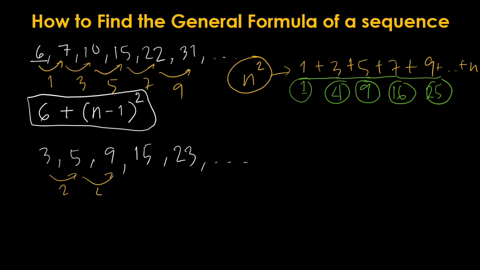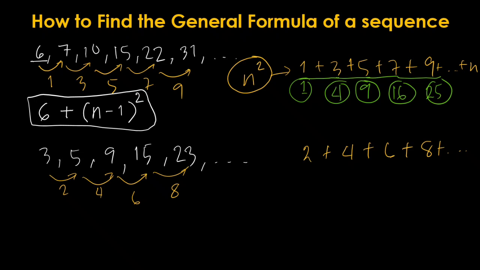We add 4, we add 6, we add 8. So we can see that we keep on adding even numbers. Let's check the cumulative sum of this one, which is 2 plus 4 plus 6 plus 8, and so forth.